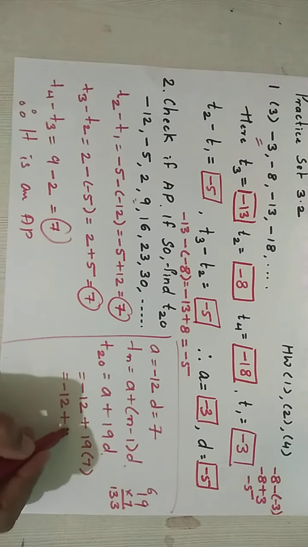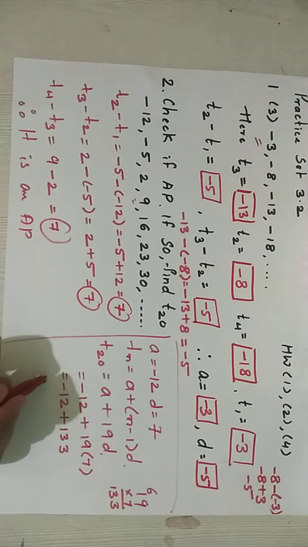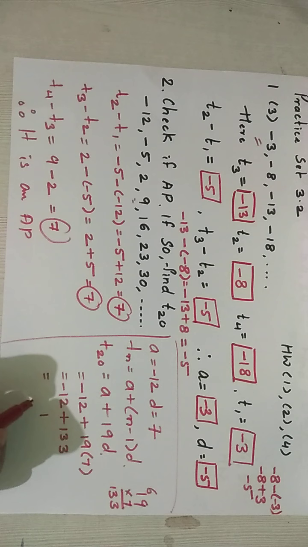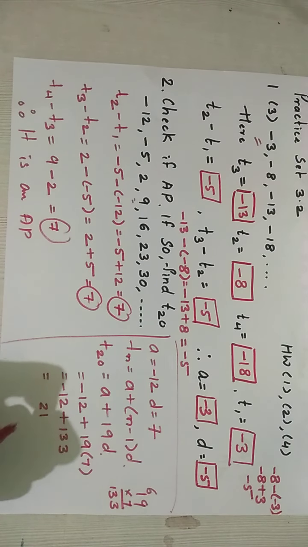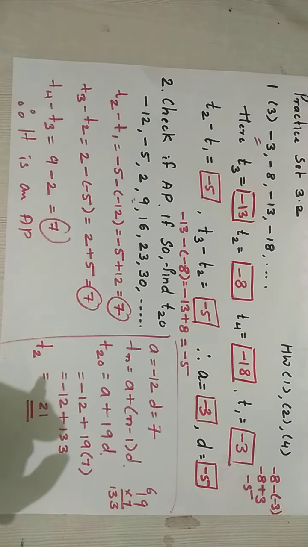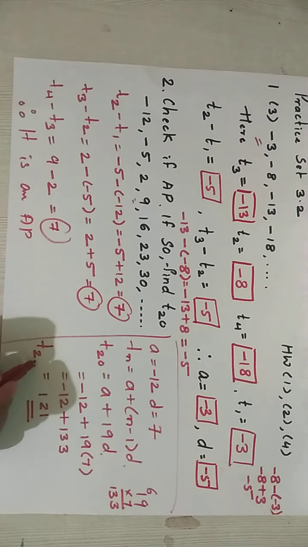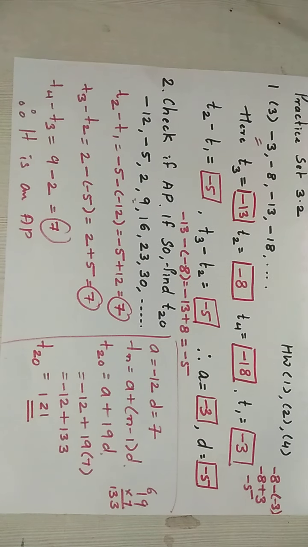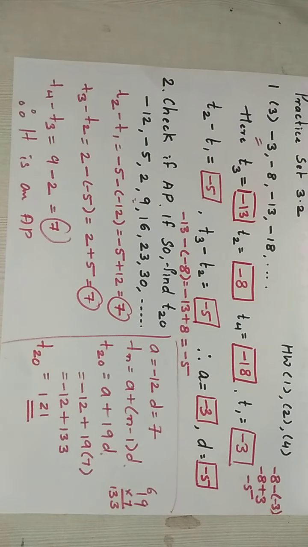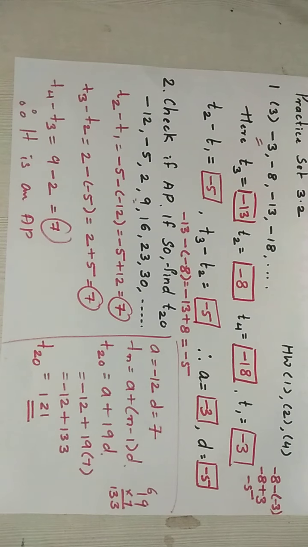So we have the number 133. 133 minus 12, answer will be plus 21, because the bigger number is plus. Sorry, it will be 121. This 1 will remain. So it will be 121. T20 will be 121. Okay.